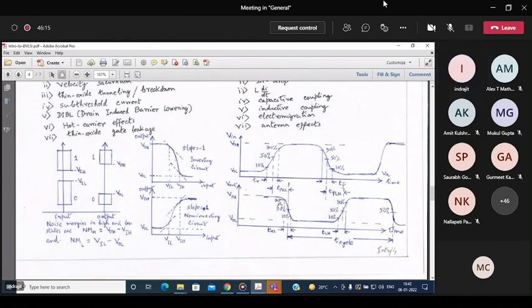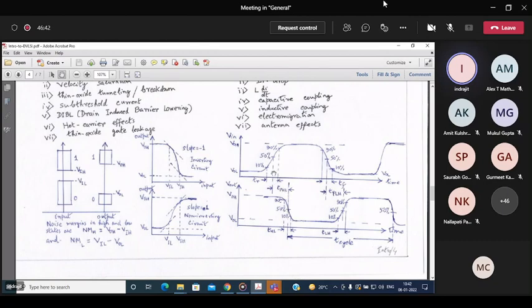Next we talk about TPHL and TPLH. These are related. What do we mean by TPHL? This is the propagation delay from high to low. This is the 50% point on the input side, and this is the 50% point on the output voltage.